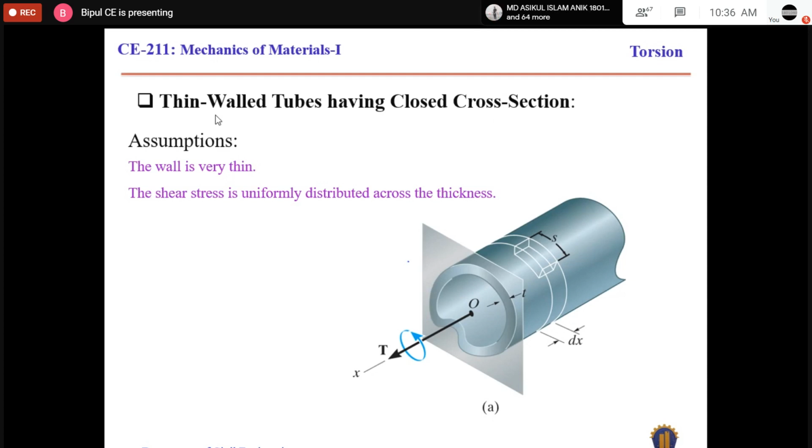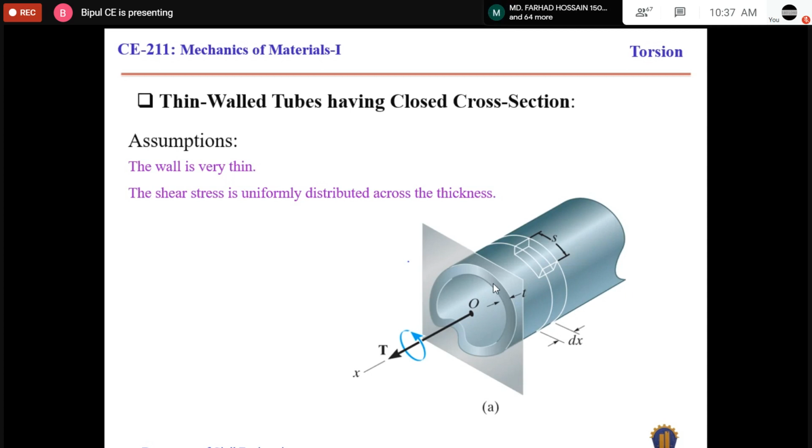To derive the torsional formula, we will again consider some assumptions. The assumption is that the wall is very thin.